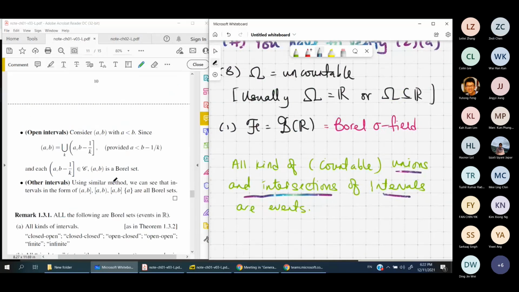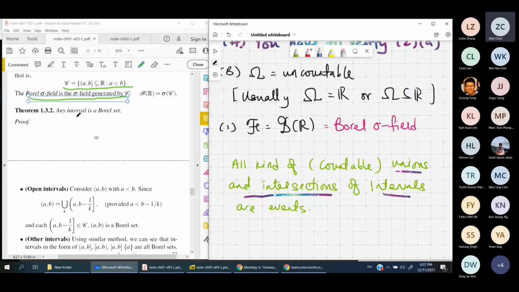This is a property, as I said: any interval is a Borel subset, and a Borel subset is actually an event. In this case, event means Borel subset.